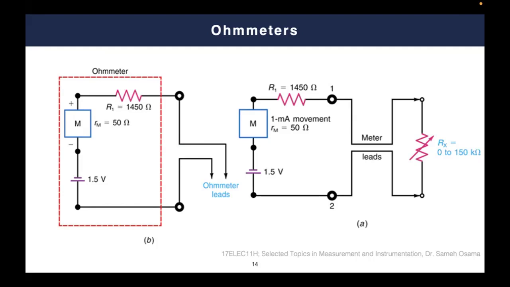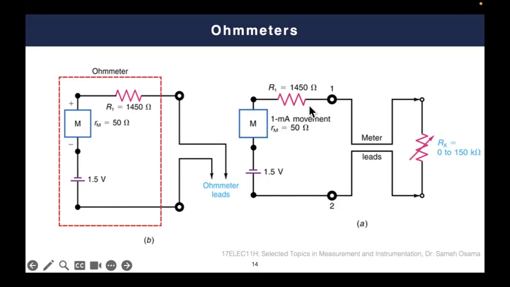Now here, this is an active equipment, simply due to this 1.5 volt source. Because you are measuring a passive element, which is a resistance, you need an internal exciter in your device, which is this 1.5 volt. The idea is very simple. You are now running current through this 1.5 volt, and you add this coil as an ammeter in order to measure the deflection of the current moving.